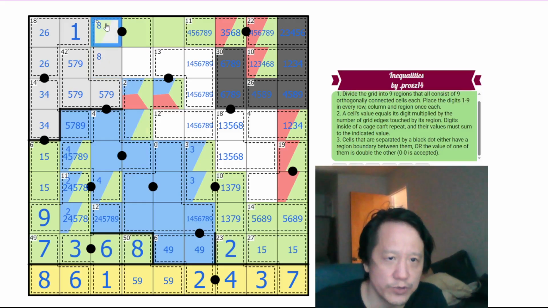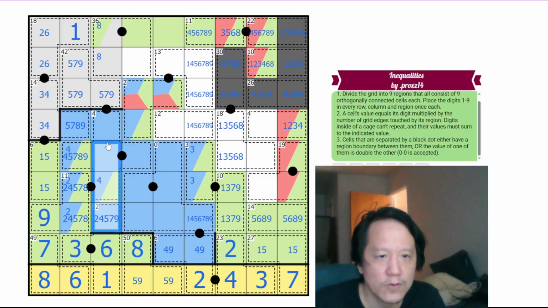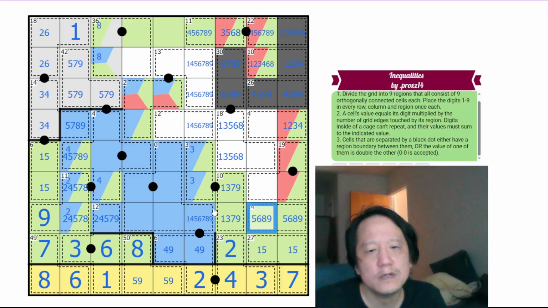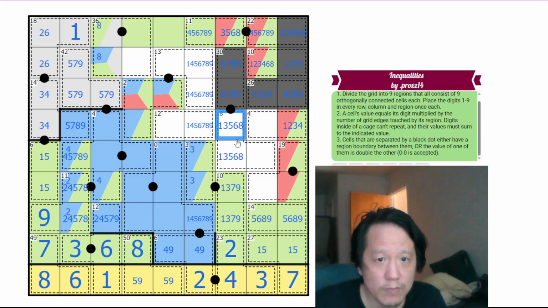We're not sure which. That eliminates 8 in the rest of the column. This could be 0 also, though. So this could be 0 or green. This is 1, 5. We have 2 with 1, 5. Interesting.